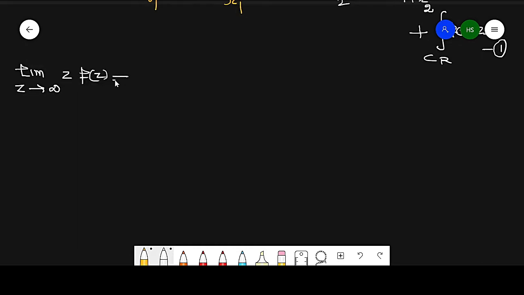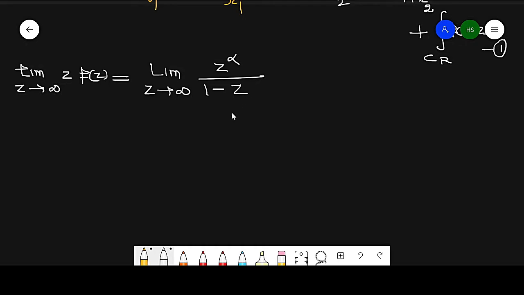Just substitute the value of z into f(z). So this is the limit as z approaches infinity of z raised to power alpha over 1 minus z, where 0 is less than alpha less than 1. So alpha lies between these values.